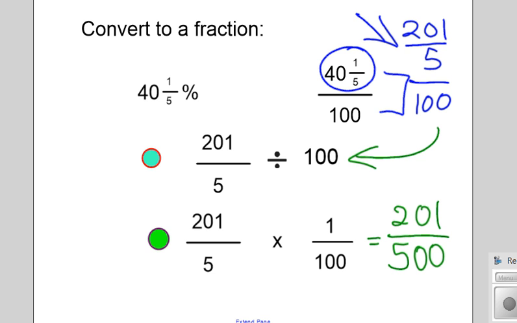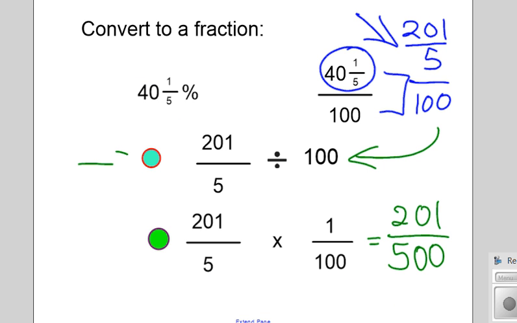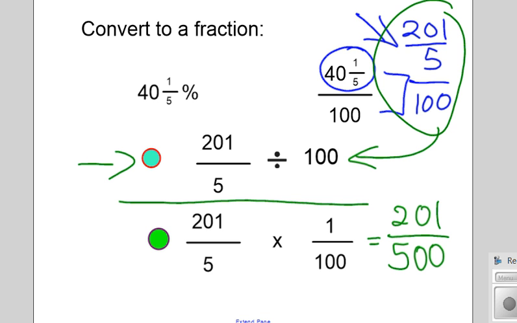So this lesson is all about that process of doing something you know how to do, writing a percent as a fraction by placing it over 100. But when you have a fraction over a fraction, what does that really mean? It means this. And this concept is much easier to understand than this concept.